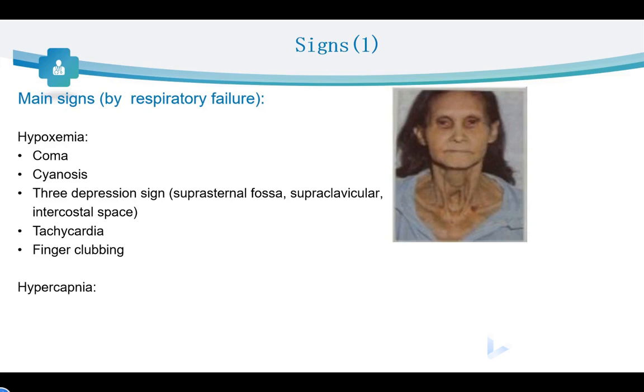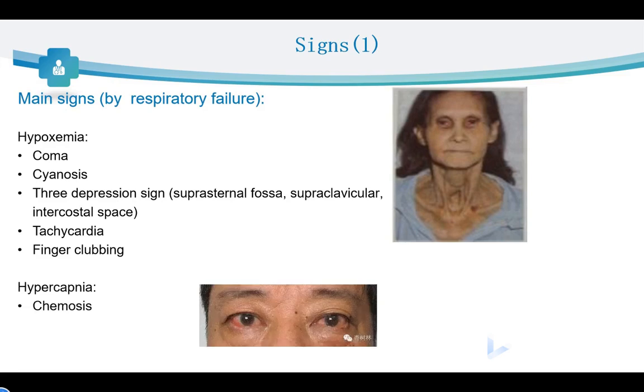About hypercapnia, we usually can find chemosis. Let's look at this picture. What can we find from this picture? Yes, we can find the eyes of this patient are red and with some tears, right? It looks like this patient just cried. That is the chemosis, which presents the dilation of the capillaries in the eyes and face, caused by the irritation of carbon dioxide.